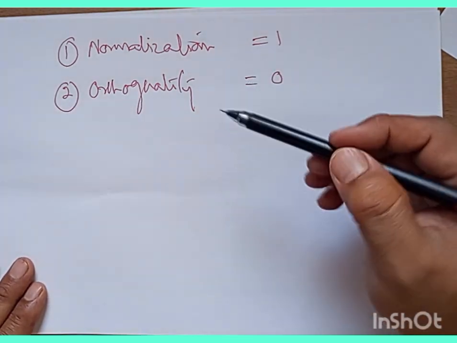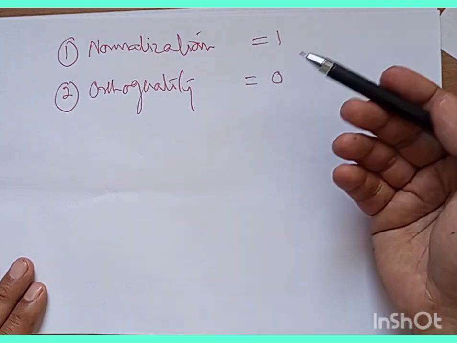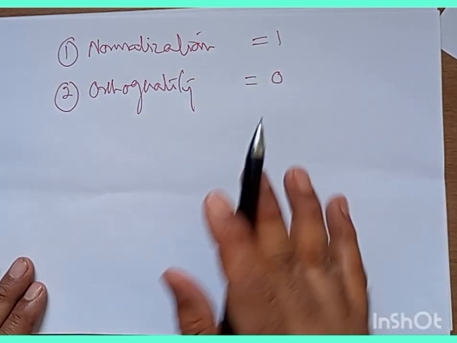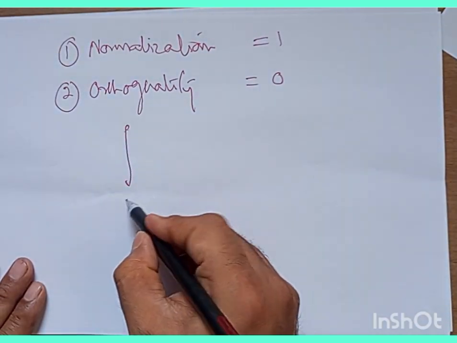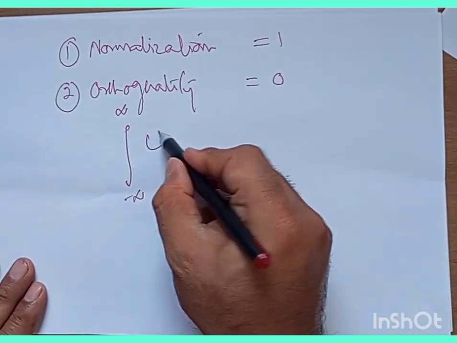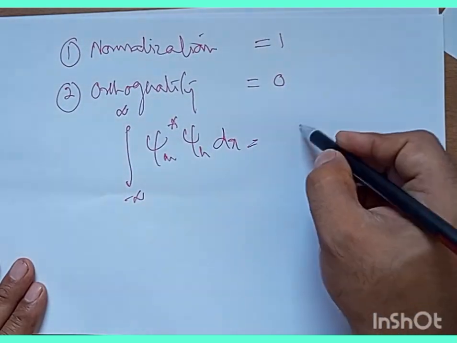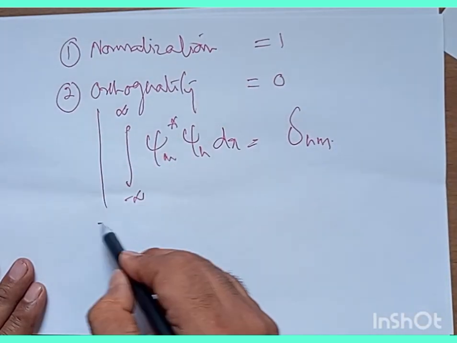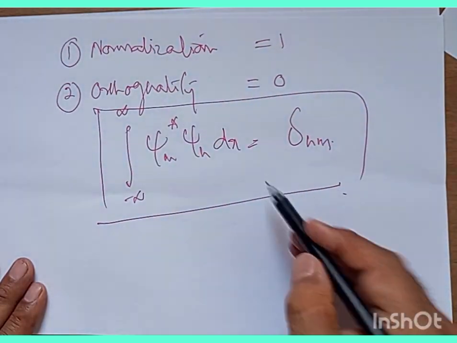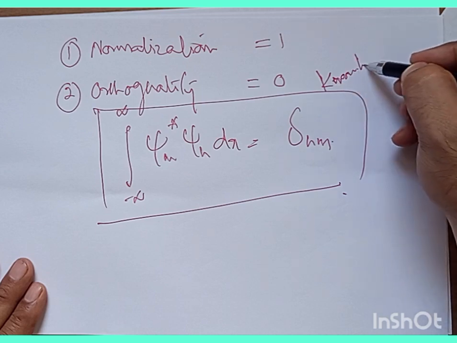So we can absorb both of these results for a particular situation in a compact form, and what we can write down is the integral from minus infinity to infinity of psi m star and psi n dx is delta nm. This equation is called a Kronecker delta function.